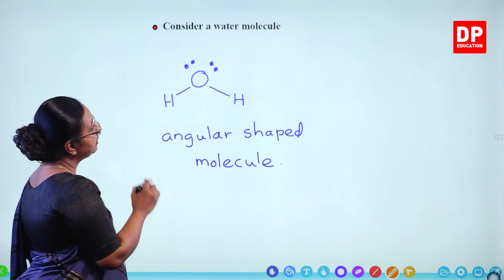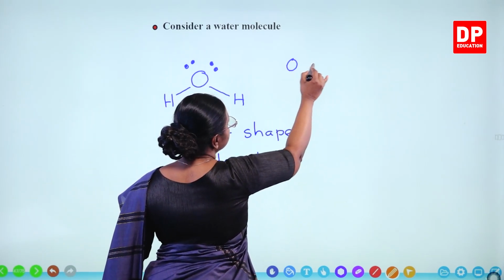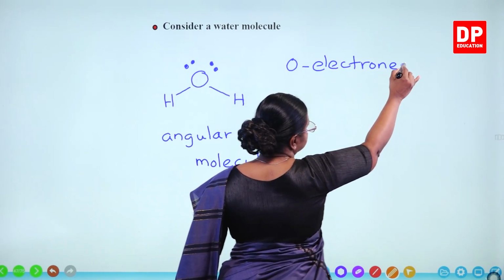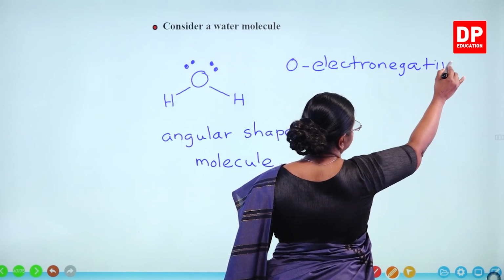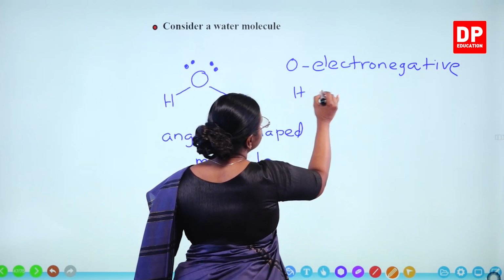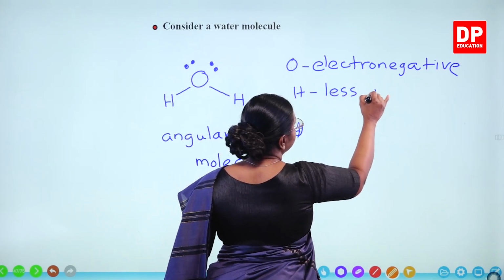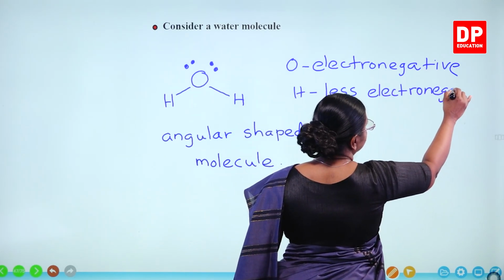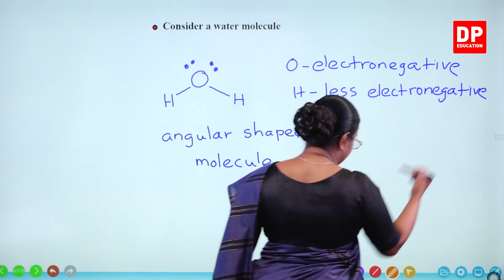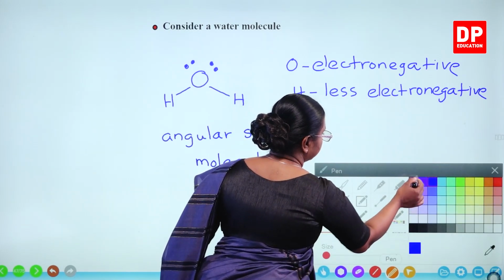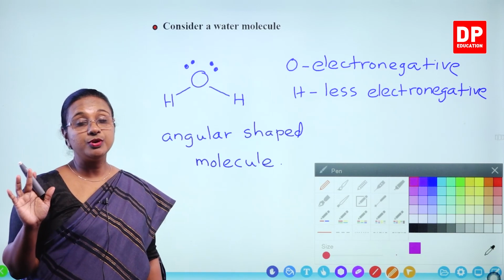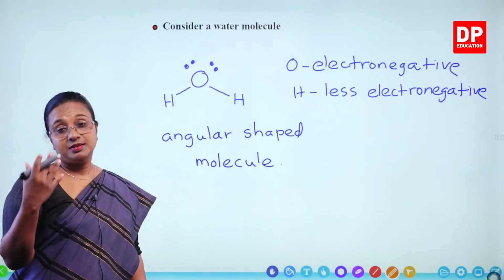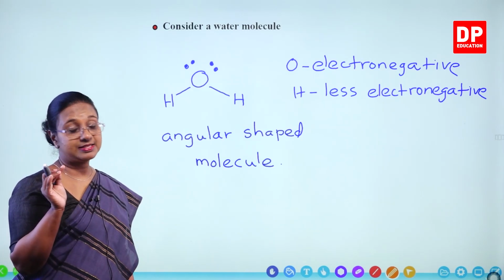Now, in this, oxygen is electronegative, whereas hydrogen is less electronegative. So, what will happen? Again, here, students, you don't have to use different colors. This is just for clear understanding.